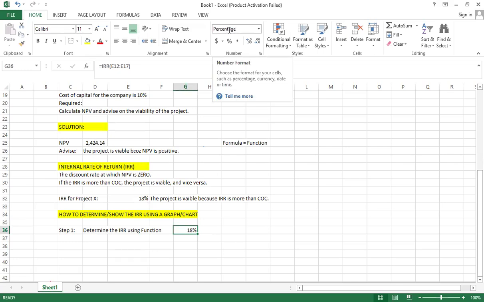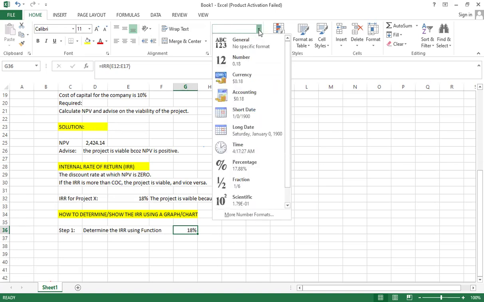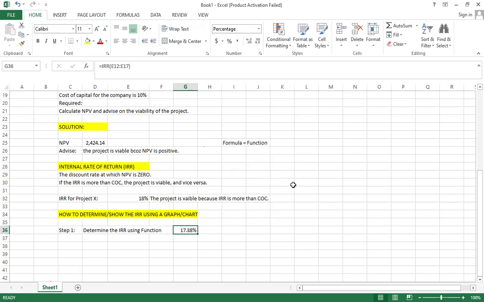Under it, click on the arrow pointing down, then come down and look for this percentage item. Click on it.